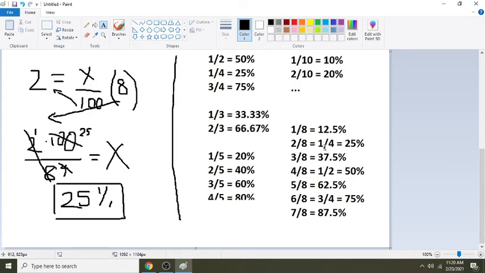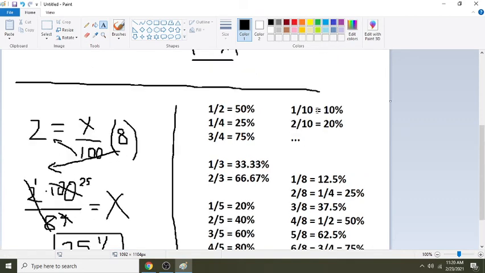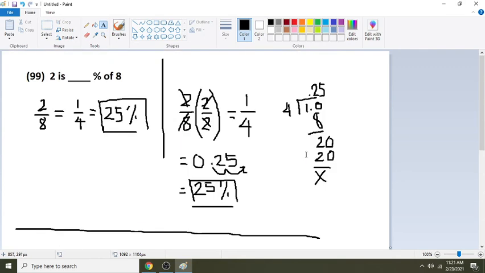Okay, 1/8 is 12.5%. 1/3 is 33.33%. 1/5 is 20%, and 1/10 is 10%. Of course, 1/4 is 25%. So that's it. 2 is what percent of 8? That is 25. Alright.